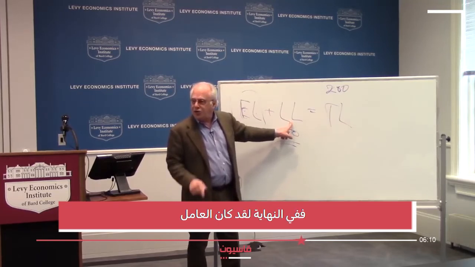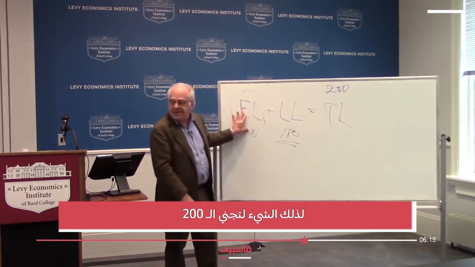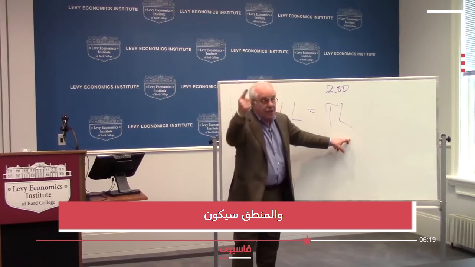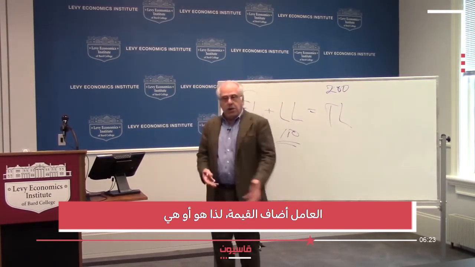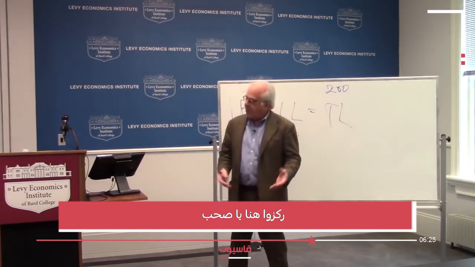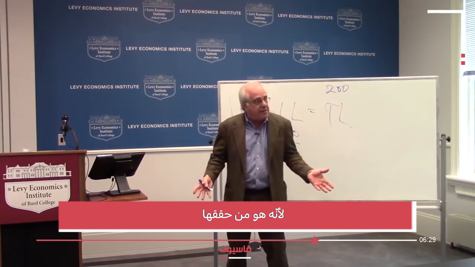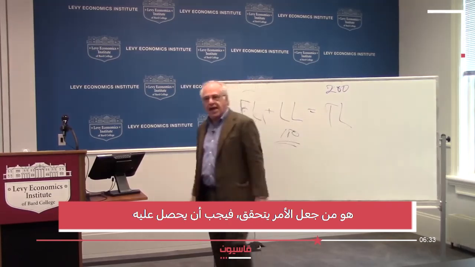Because after all, it was the worker whose labor added the 100 of value to this stuff to make the 200. You could, couldn't you? And the logic would be, the worker added the value, he or she, here we go folks, should get it. Because he gave it. He created it. He made it happen, he should get it.